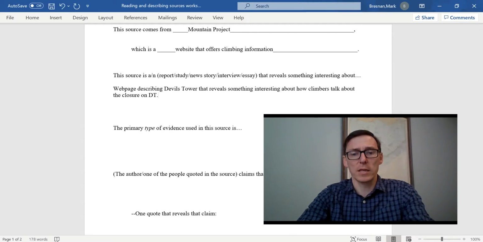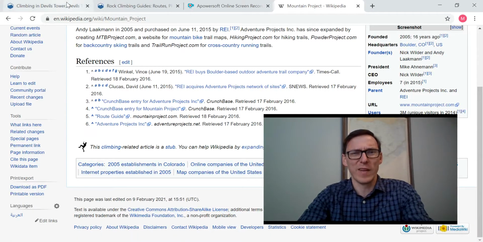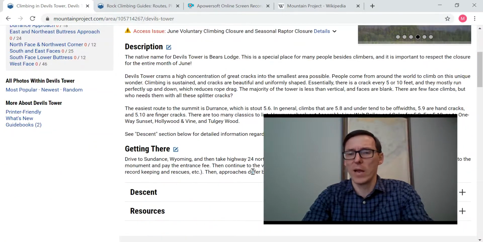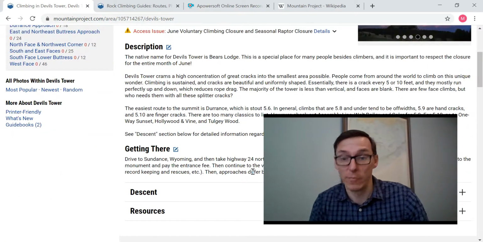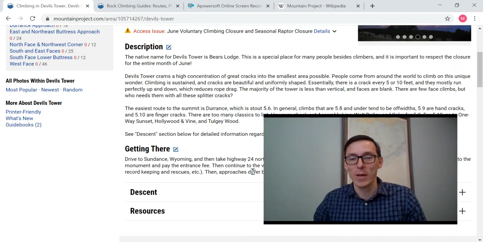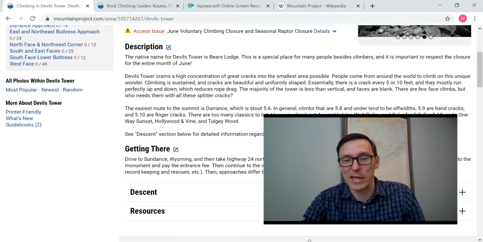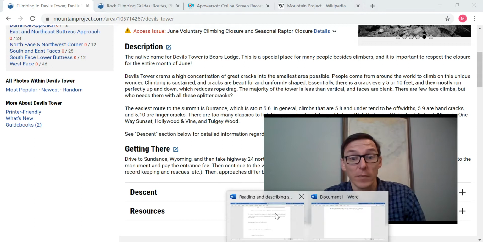I think it's interesting that it's actually pretty vague. This is a special place for many people, but it doesn't really say Native American people or a particular tribe. And it mentions the closure, but there's not a ton of detail. There's no link or anything like that. So I find that kind of interesting.